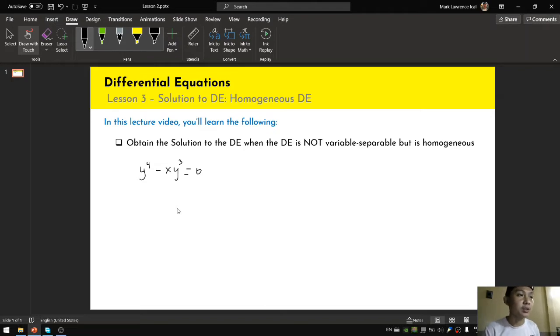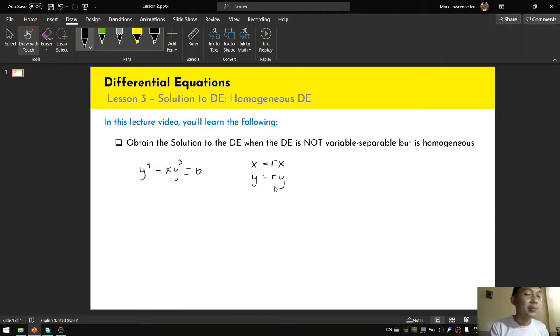Well, it is variable separable, but it's a poor example. It's just a trial, because there is a test. The test goes like this: you replace x with rx and you replace y with ry.